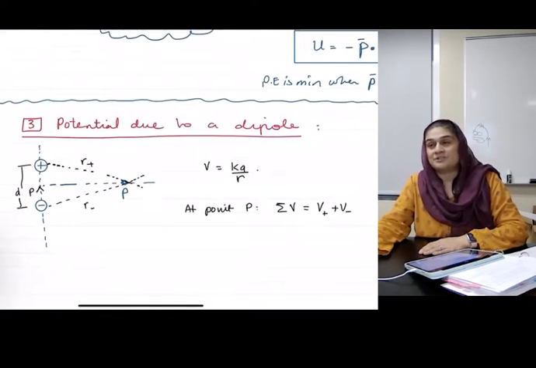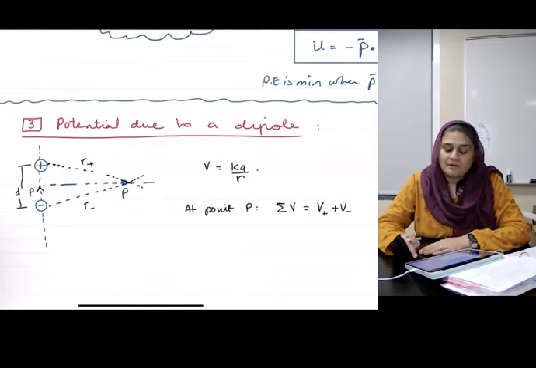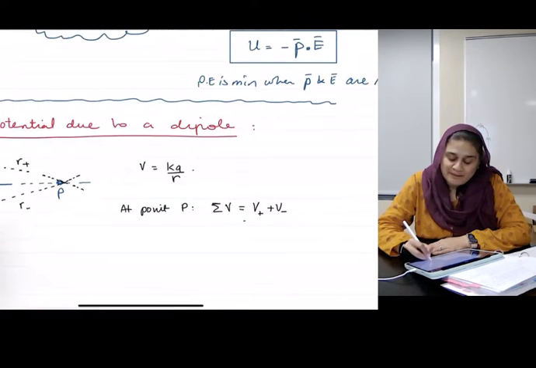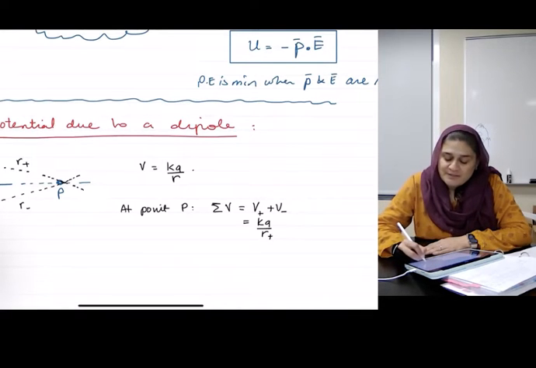may I write that potential due to the plus charge plus potential due to the minus charge? What's the potential due to the plus charge? KQ over R plus. What's the potential due to the minus charge?